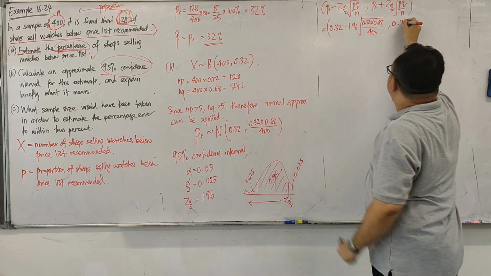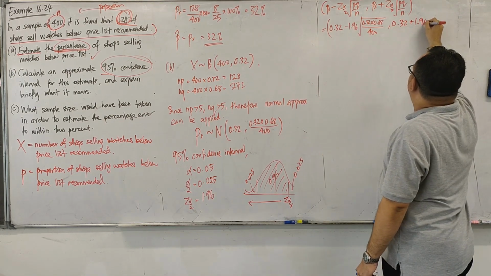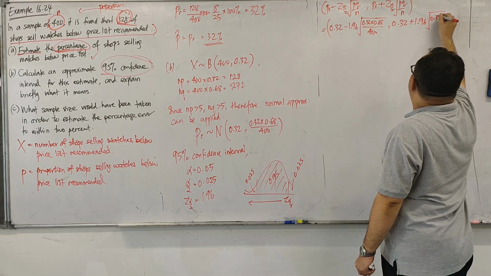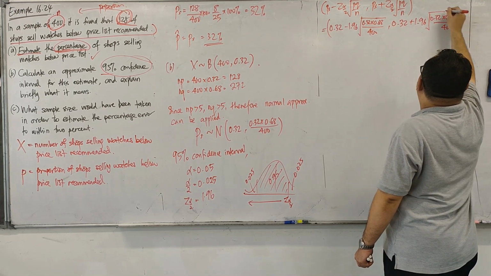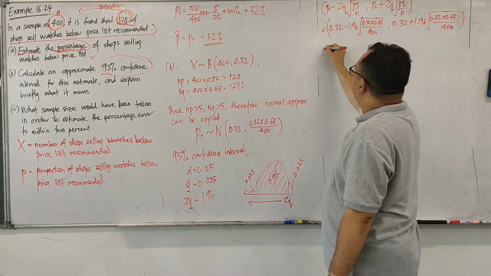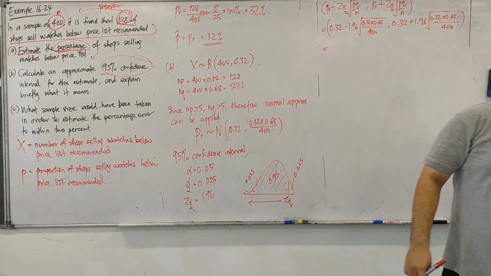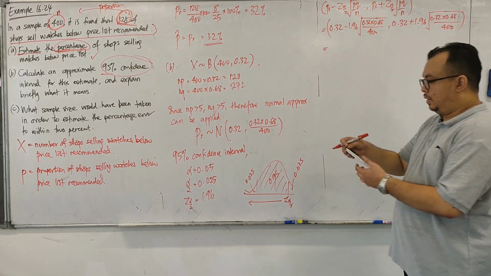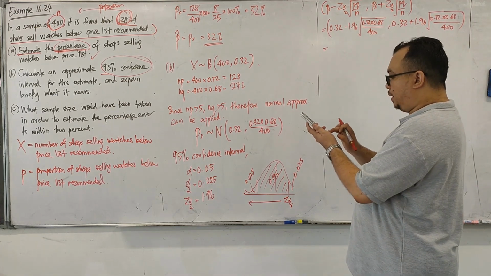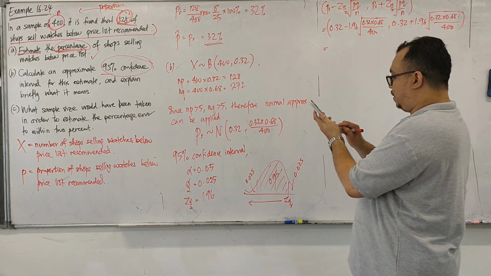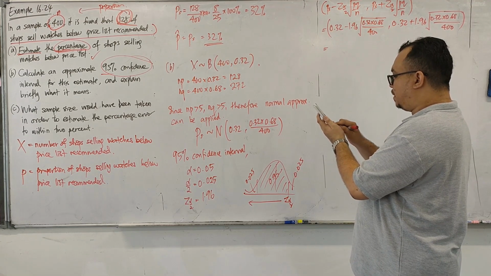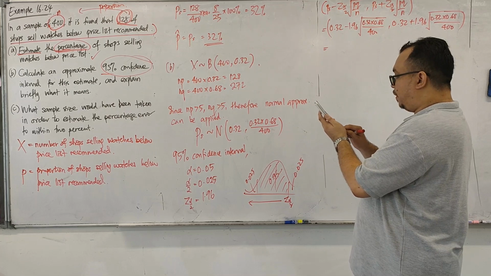Okay, so you write the same thing. Now it is the job of your calculator. Okay, so 0.32 minus 1.96 square root, 0.32 times 0.68 divided by 400.